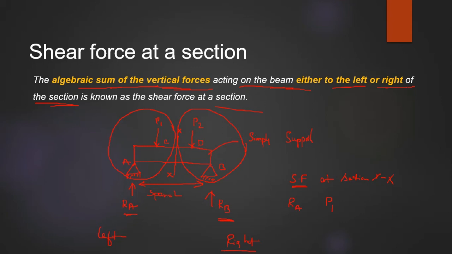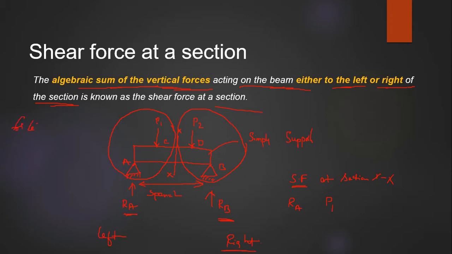Of course, you need to know the sign convention. So what is positive force and what is negative? To which force you need to give a positive and to which force you need to give a negative symbol over here. So let me briefly see the sign convention.